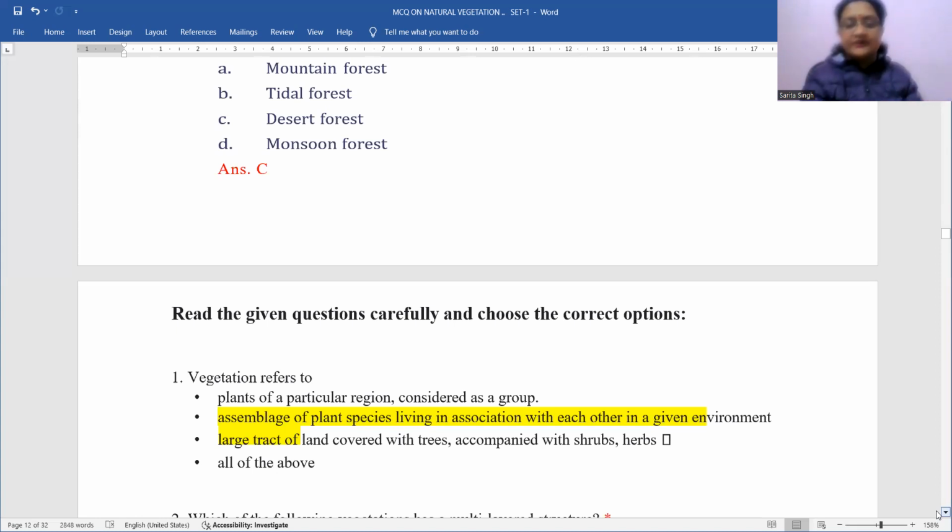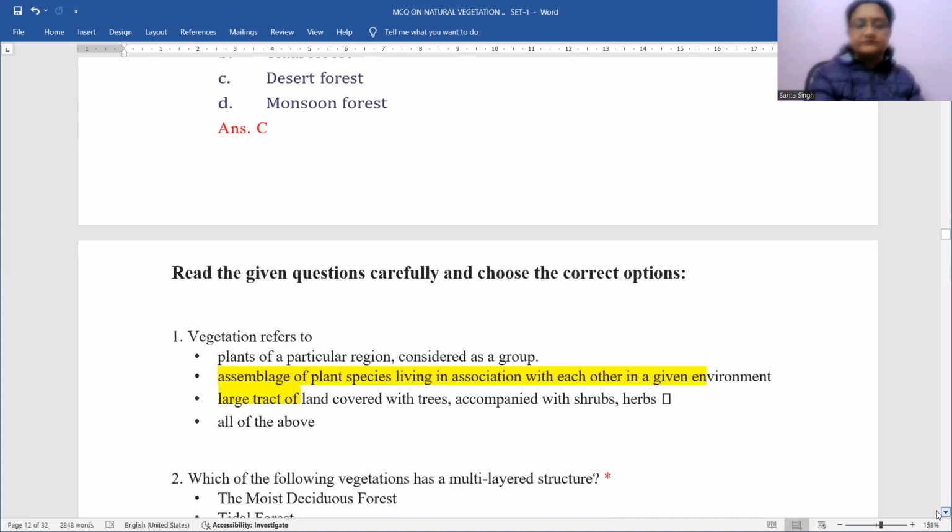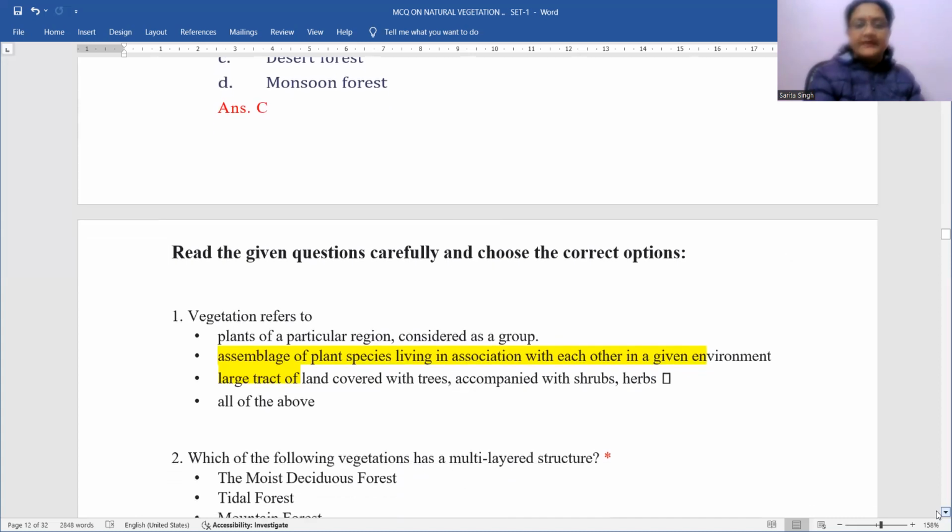Next is large tract of land covered with trees accompanied with shrubs, herbs. Okay. And the last is all of the above. इसमें आंसर हो सकता है the second one, assemblage of plant species living in association with each other in a given environment. Okay, that is actually vegetation.